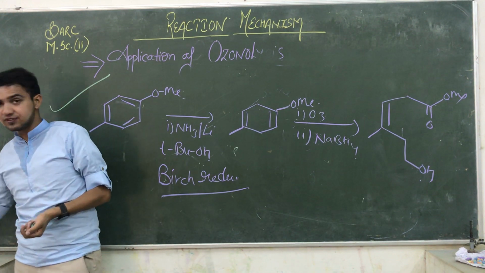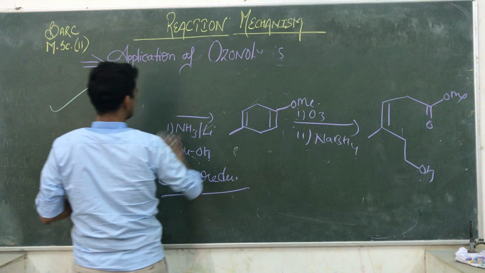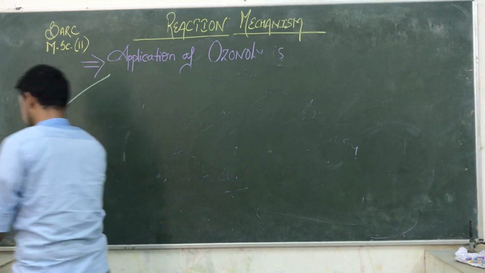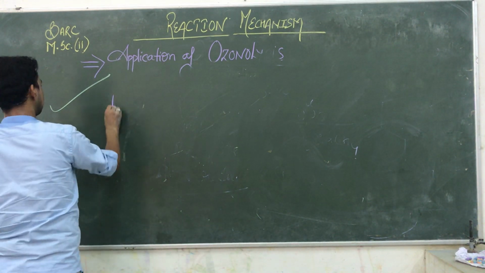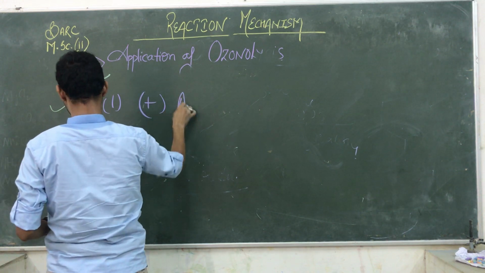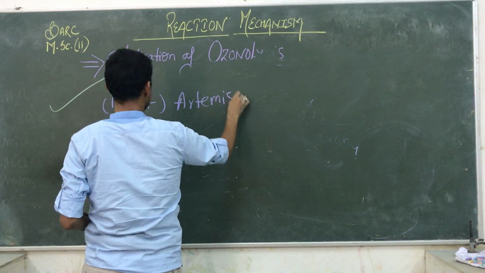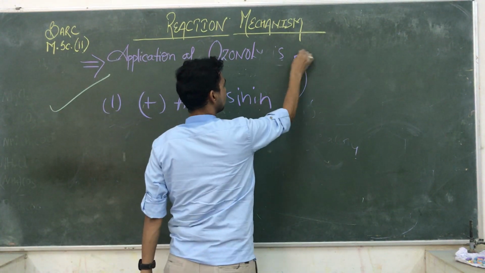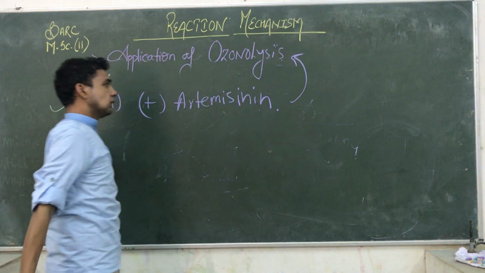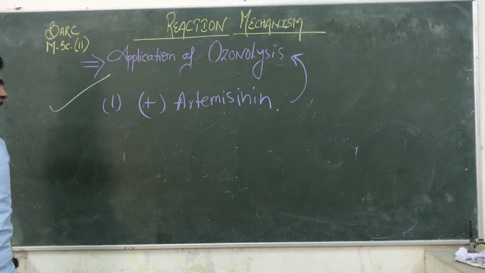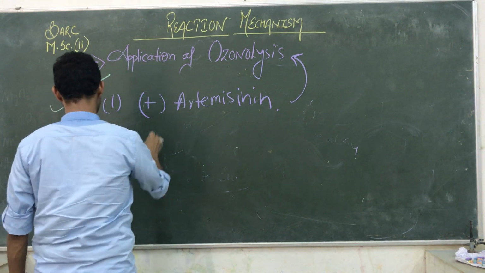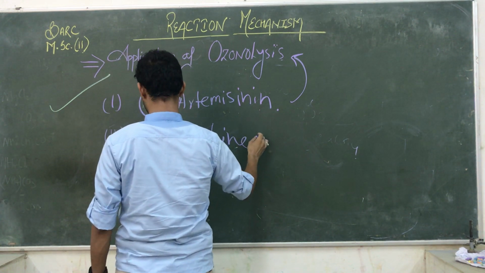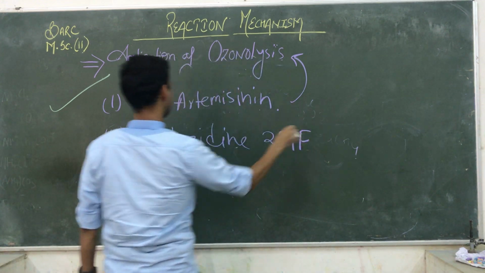Last but not least, it is useful to synthesize different kinds of drugs. I am just telling you the names of a few drugs, which are synthesized from different types of compounds. The first drug is artemisinin. That is a very important drug synthesized by the process of ozonolysis. Without ozonolysis, we are not capable of synthesizing these types of drugs. The second drug is indioxidine 25 1F.